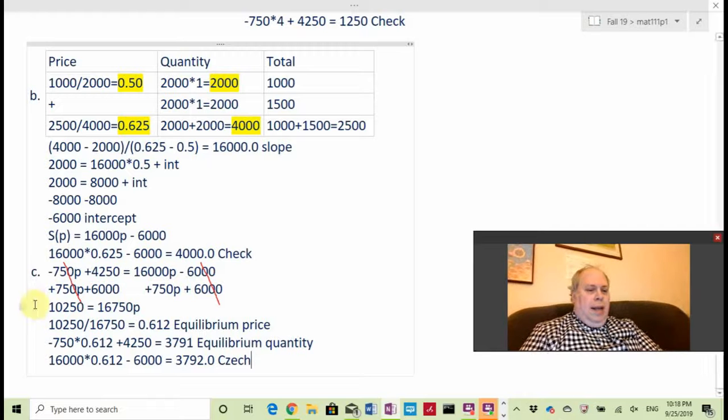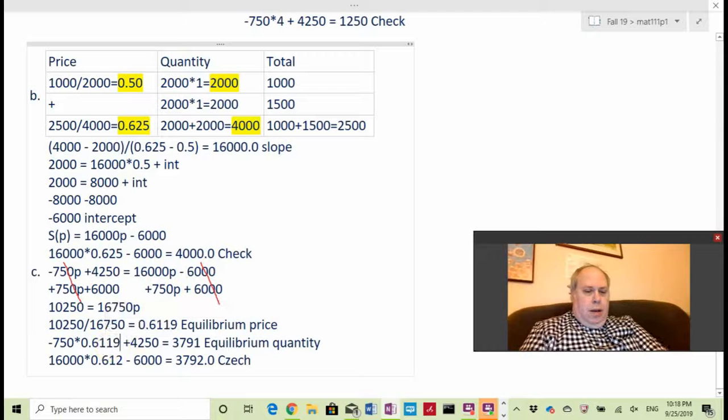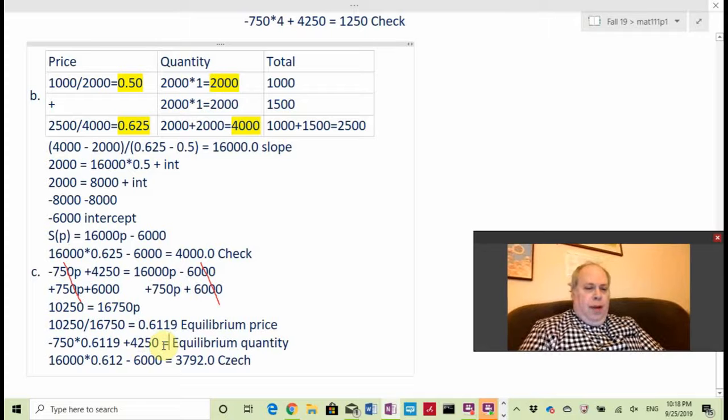But let's say I didn't like that. This was the actual answer the calculator gave me. If I change this to the actual answer, without rounding, it's pretty much the same number, a little bit bigger. I change this one also to the actual answer.